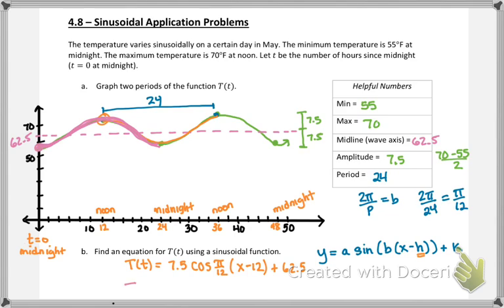So another possibility is T of t equals negative 7.5 cosine of pi over 12 times just x in this case, because I'm not shifting left or right. I'm starting right here at 0. I just flipped it over and reflected it over that wave axis. So just pi over 12x, and then plus 62.5.